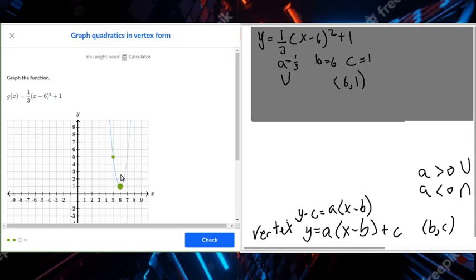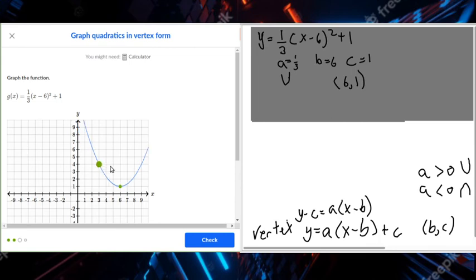I don't want that. So I'll tell you what, I'm going to try 3. There we go. So 3 minus 6 is negative 3. Negative 3 squared is 9. 9 divided by 3 is 3 plus 1 is 4.